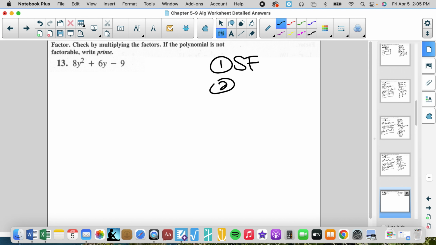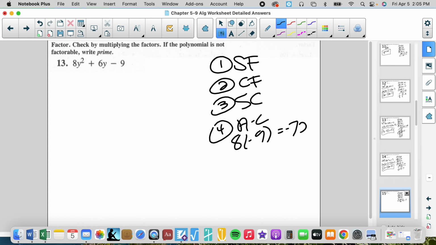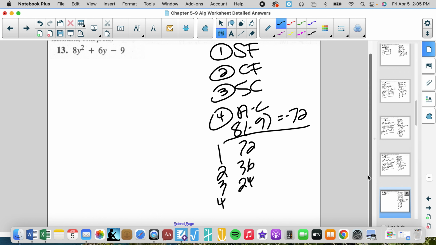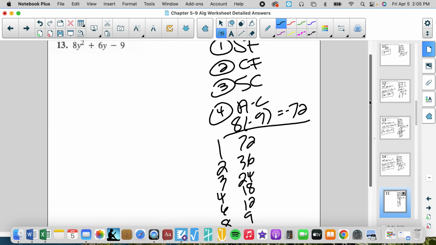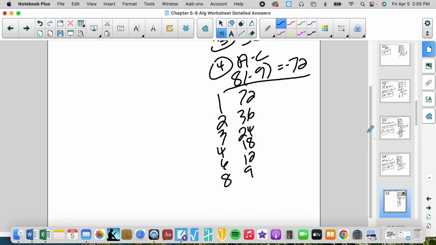Standard form, common factor, special case, A times C. 8 times -9 is -72. 1 and 72, 2 and 36, 3 and 24, 4 and 18, 5 no, 6 and 12, 7 no, 8 yes, 8 and 9. Signs are different. Bigger is positive to make 6 right there.